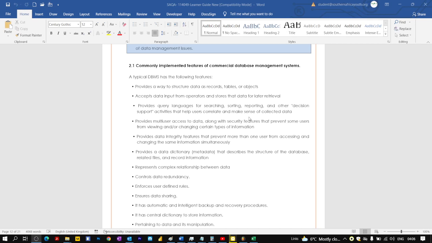Providing a way to structure data as records, tables, and objects is a very big advantage because even in real life, we usually have books and folders, and in those books there are chapters. In our folders, we've got those cutouts to make sure that we can easily land on the right place without wasting time. That's the same way that databases work.